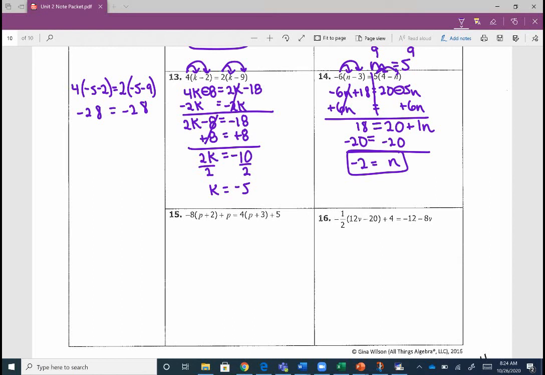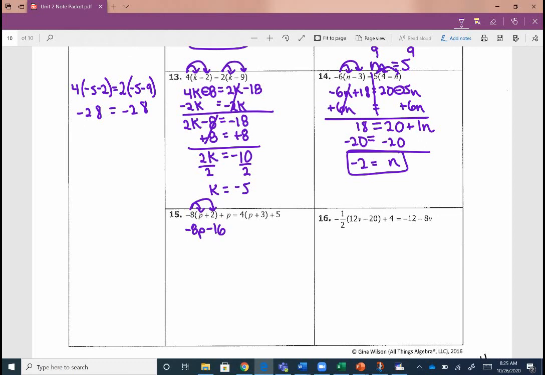I just want to start 15 with you guys, and then I want to turn you guys loose to see what you can do. The one thing that I saw again when I was walking around with 14 is when we distribute, we have to distribute to everything that's inside those parentheses. So number 15, when I distribute the negative 8, I not only multiply it times p, but I also multiply it times the negative 2.